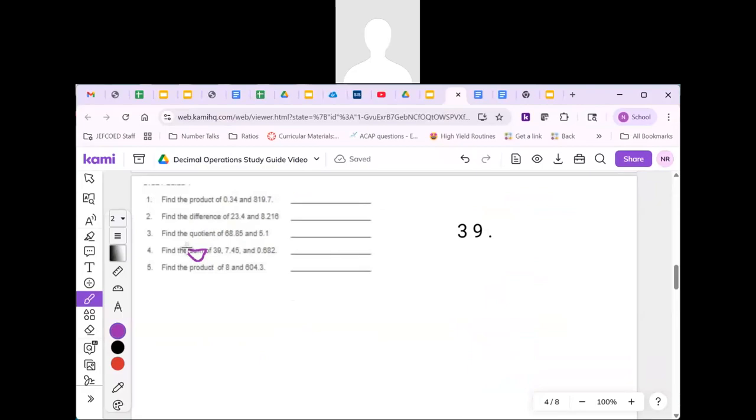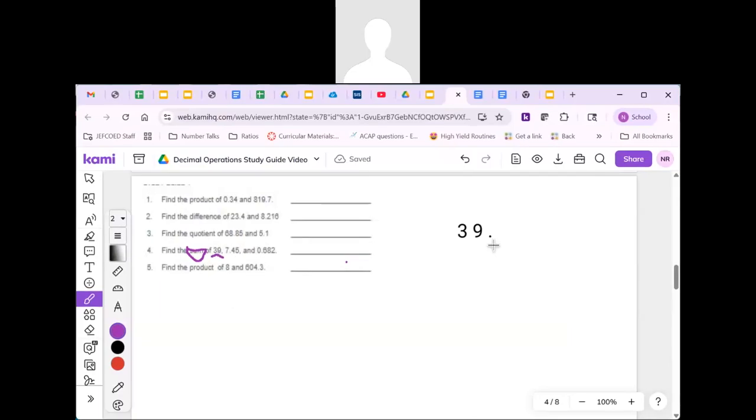I've gone ahead and typed in the first number. Look, 39 in my problem does not show a decimal. That is a little comma after it to separate these numbers. So 39 has no decimal, so that means there is an invisible decimal at the very end, okay?